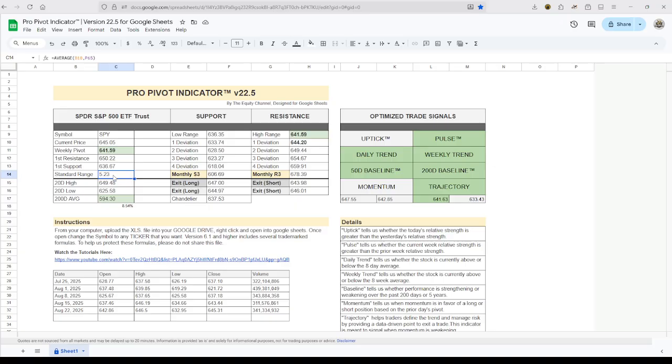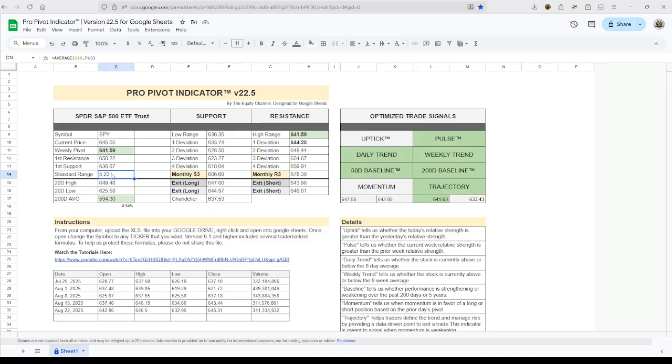We designed this particular element here in order to give us a true understanding of the range that this particular security may have. Right? It's a combination of standard deviations and average true range. As you can see here, the standard range is about $5.23.